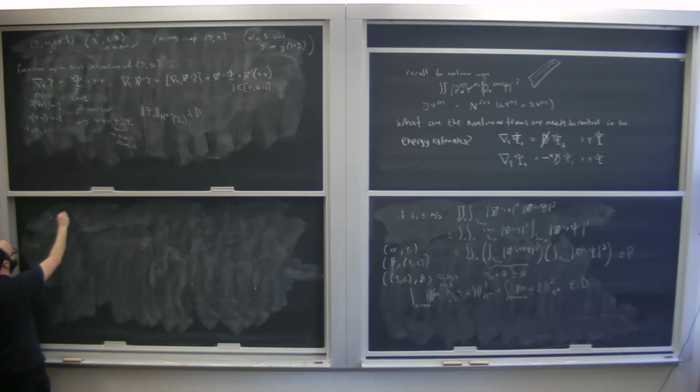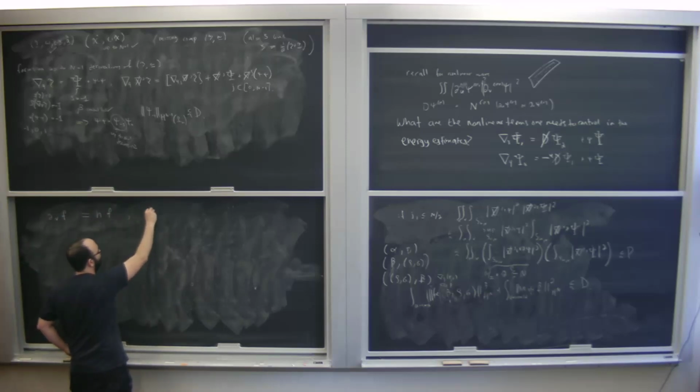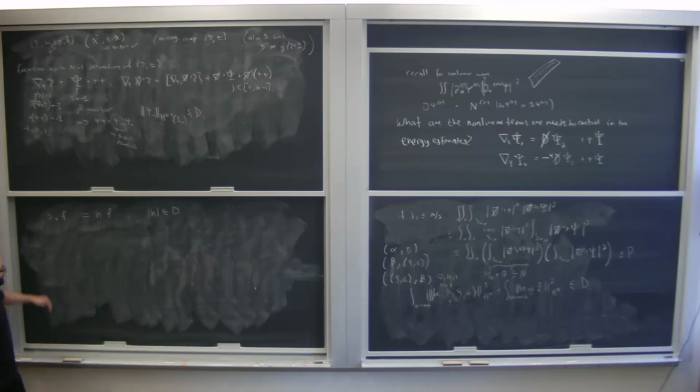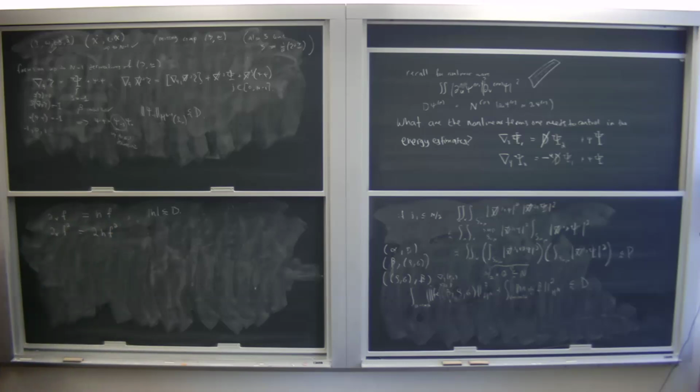So the schematic is you have an equation like this, equals say h times f, and you know that h is already controlled. And I want to say that I can get some estimate for f here. Again, you can just literally apply Gronwall. But what I want to do with the exponential estimates is the following. Of course I can write d f squared equals 2 h f squared, by multiplying by f on both sides.